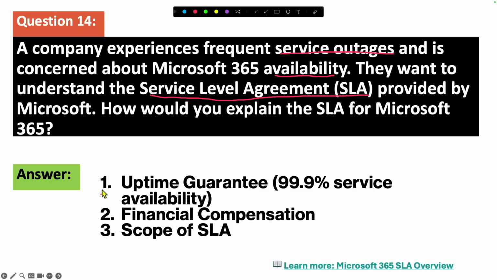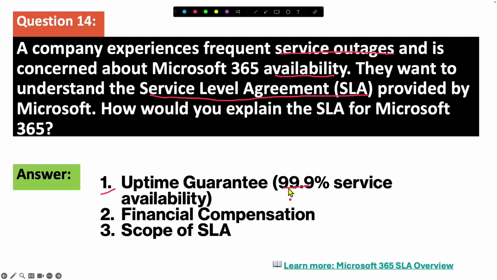The first point you need to understand is Microsoft 365 provides a 99.9% financially backed service level agreement for their uptime. That itself will ensure high availability and minimal service disruption compared to any other on-premises solution out there, because you are guaranteed to get quite a huge number.